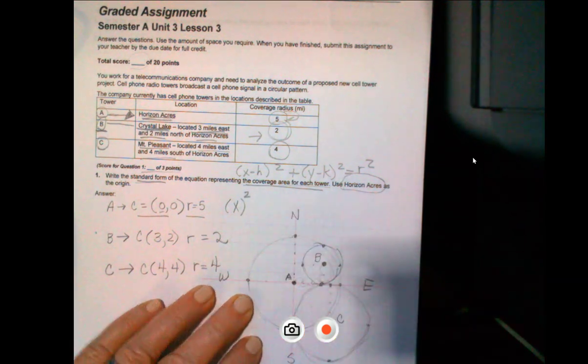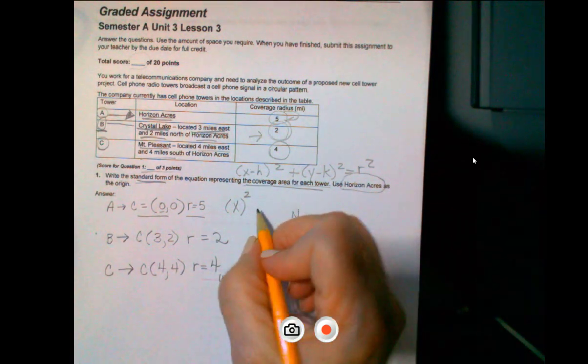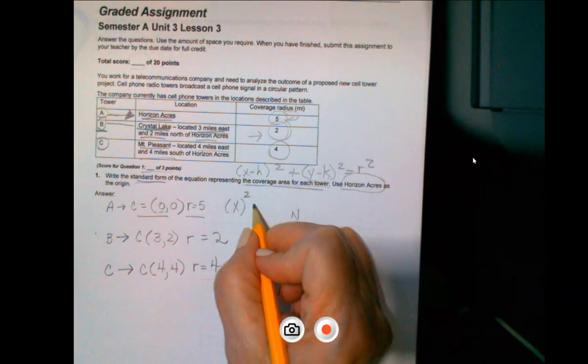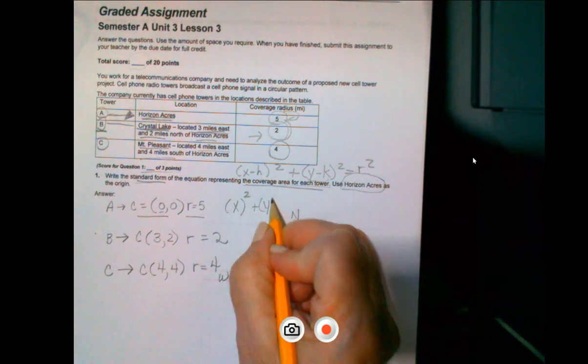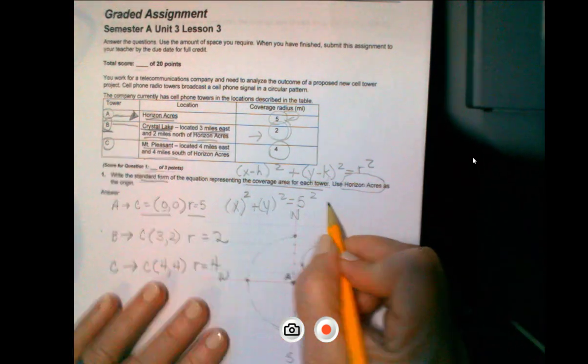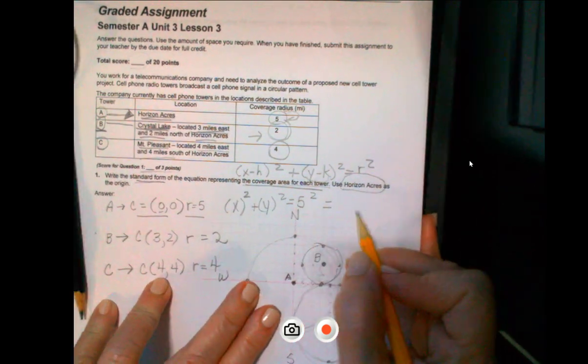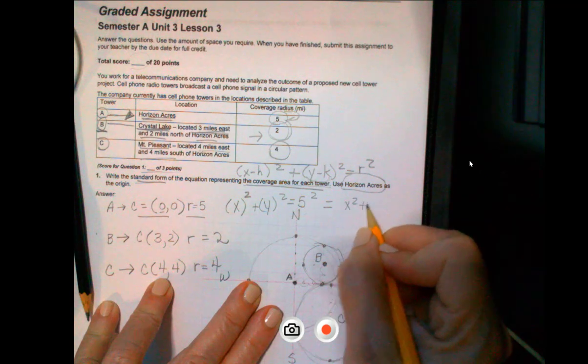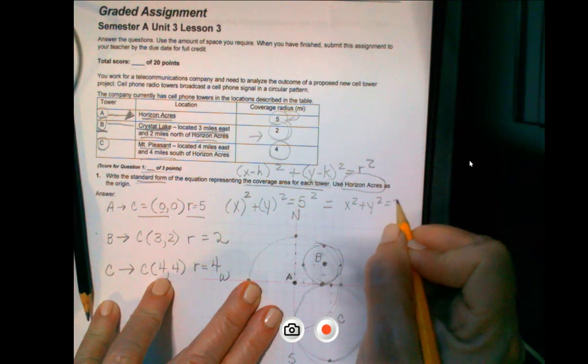I'm just going to drop that out because it'll save a little bit of room on my paper. And then y minus 0 equals 5 squared. So the equation for the first circle is x squared plus y squared equals 25.